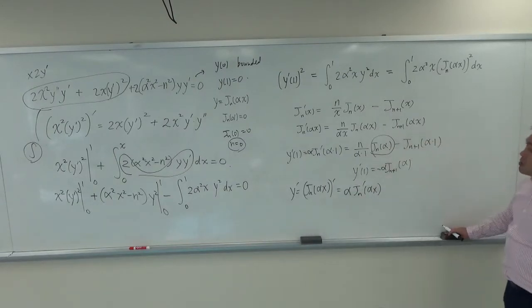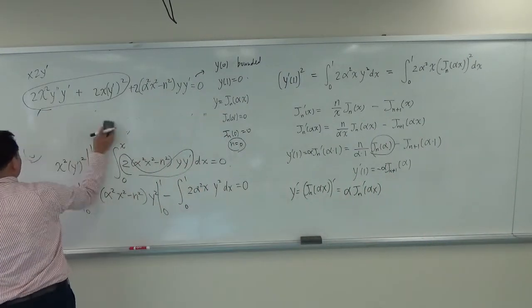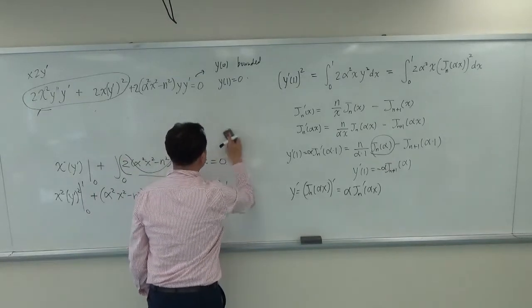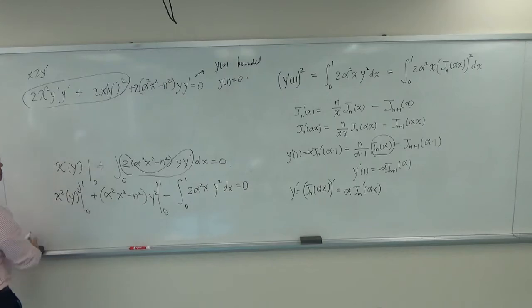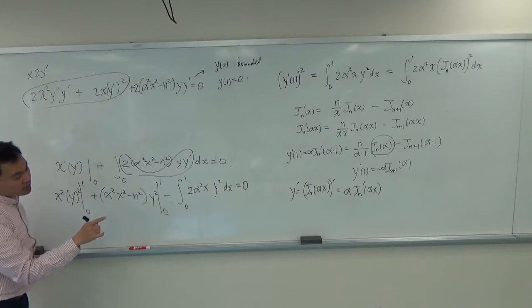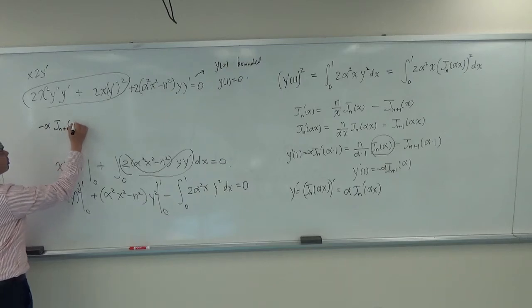So let's summarize what we found out, and you'll see that the solution is there. We know that y prime of 1 is negative alpha jn plus 1 of alpha, squared.